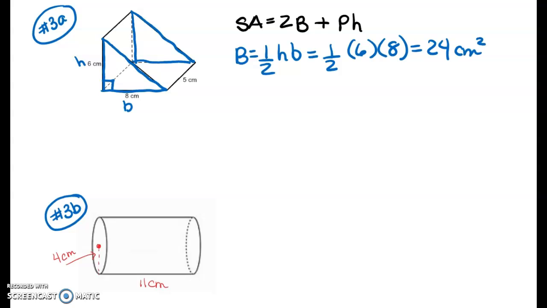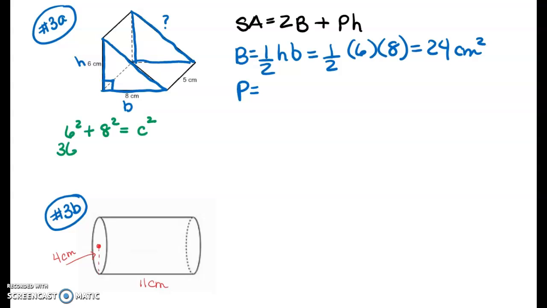The perimeter now, I have to find the perimeter of a base, P. Well, I'm missing one of the sides, so what could I do to find this side right here? Well, I can use Pythagorean's theorem. So I know 6 squared plus 8 squared equals my hypotenuse squared. I'll just call it c squared.